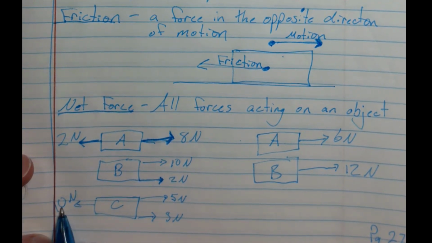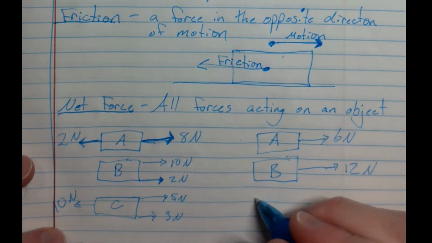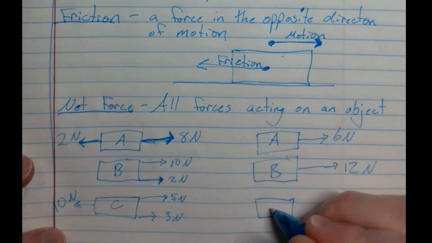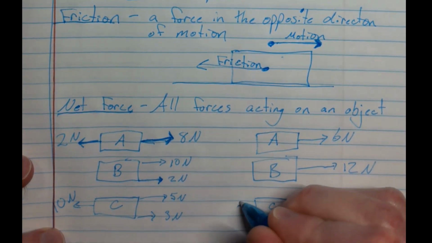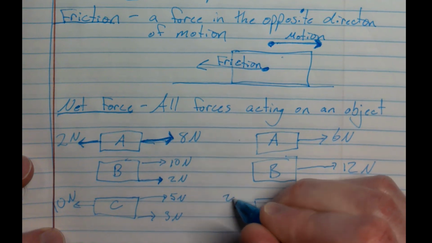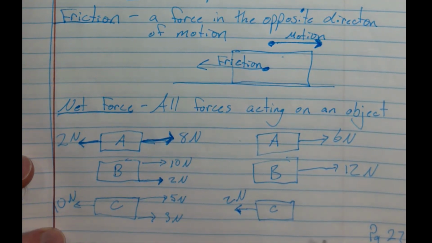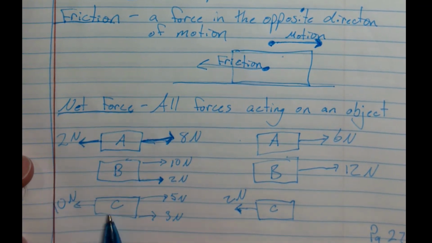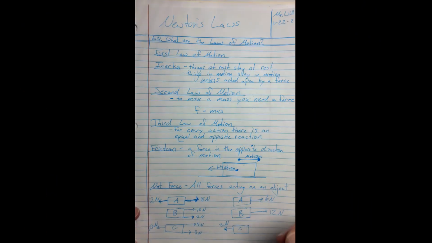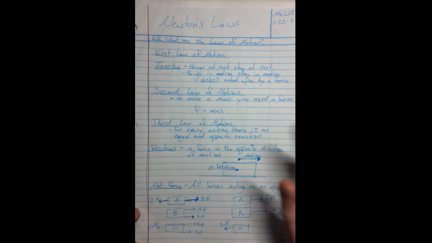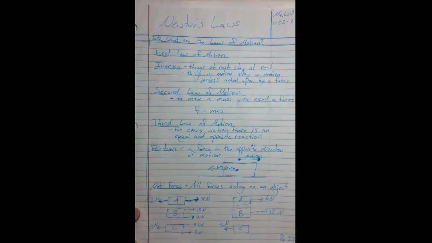So, this is obviously bigger by 2, so I'm left over from my basic math with 2 newtons of force. So these are the net forces, and these are the ones that I added up to get them. So these are Newton's laws of motion, and we're going to need to know them later on. So write these down, please, and I'll see you later.